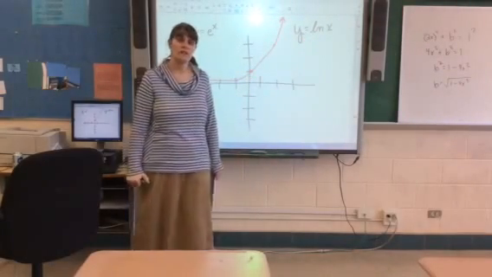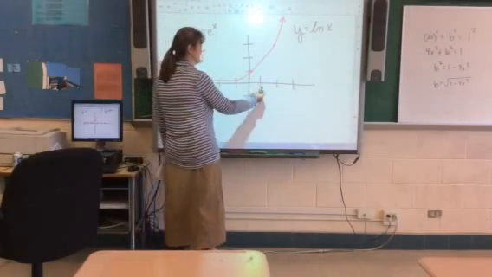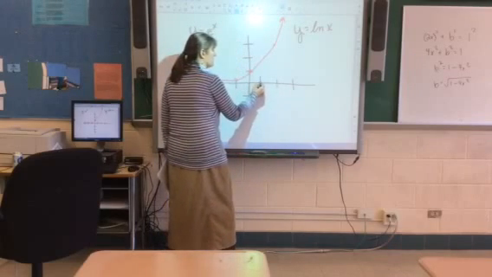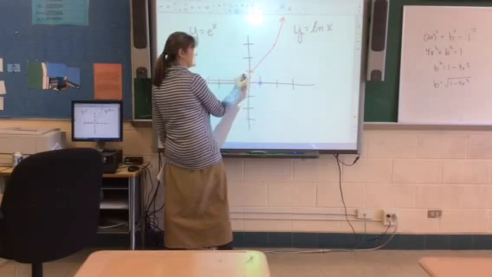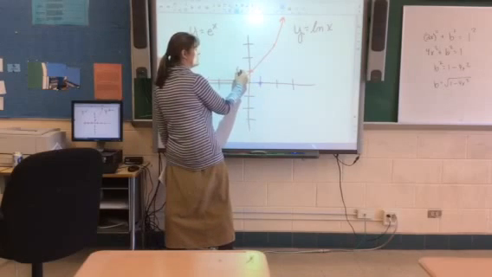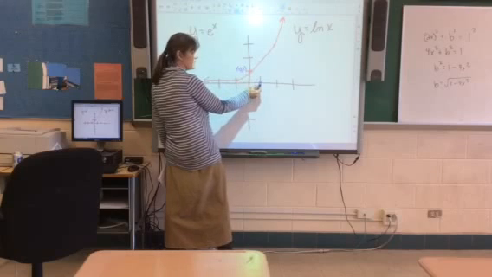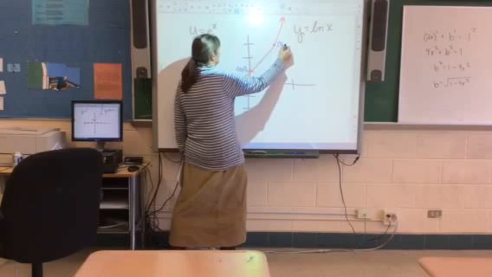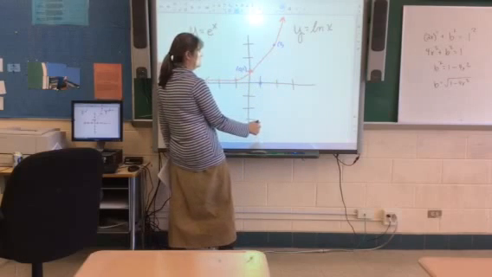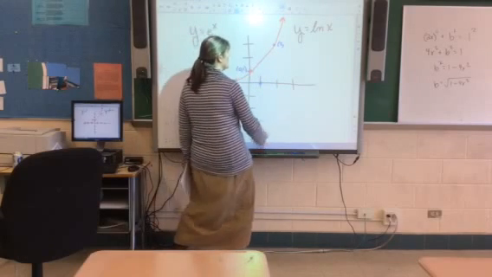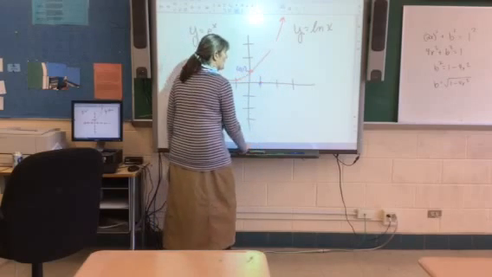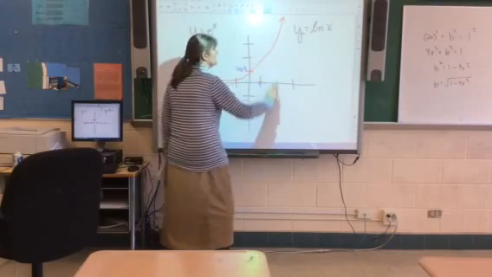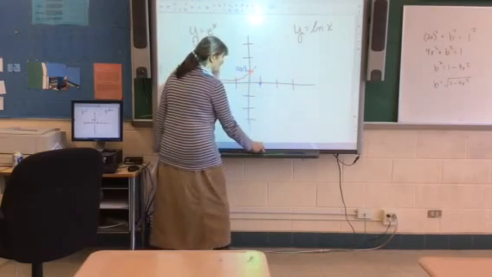Well, what about the natural log of x? When x is 1, the natural log of 1 is 0. And we know they're inverses, so we could switch the points. This was the point 0, 1. Switch x and y, we get 1, 0. This one was 1, almost 3. Sorry, I plotted it in the wrong spot, a little crooked.